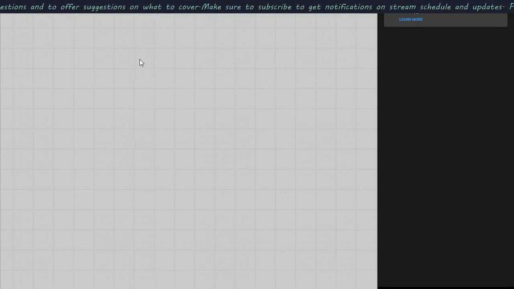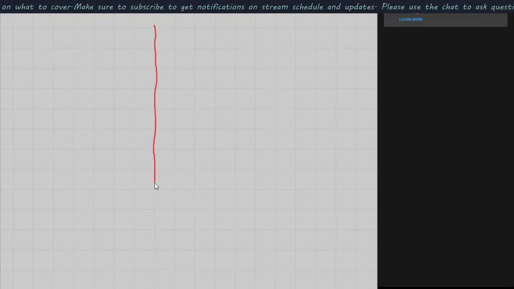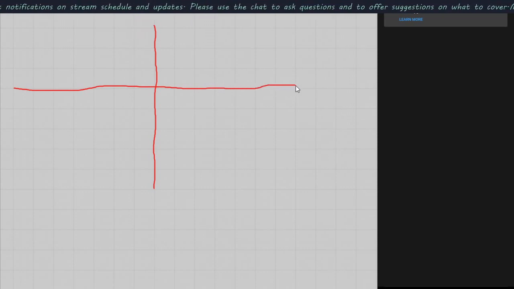Alright, so our next point. Let's see here. So we go down. This time I'm going to give you a y-intercept that is a negative, so we're going to work our way up with a positive slope, maybe, or maybe we'll do a negative slope.